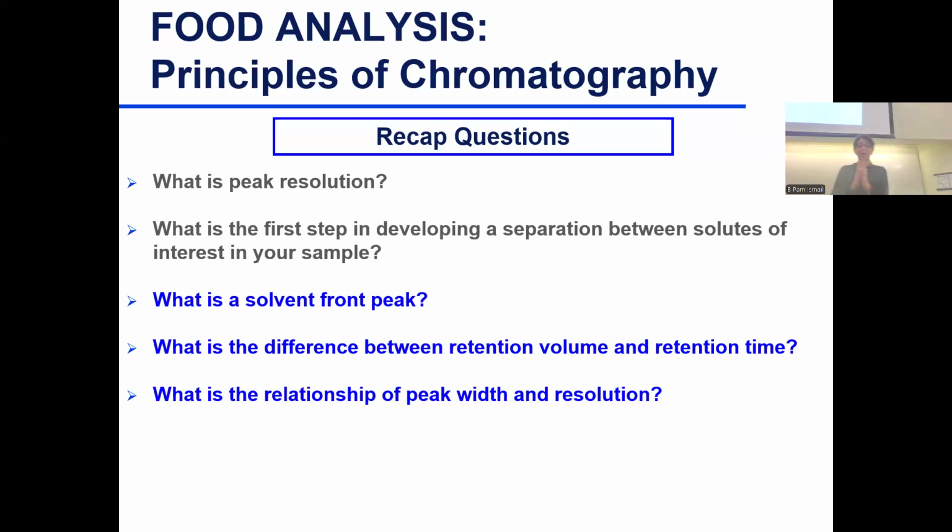So a wide peak is usually an indication of diffusion within the column and spreading within the column rather than staying as a tight band that goes through the column.